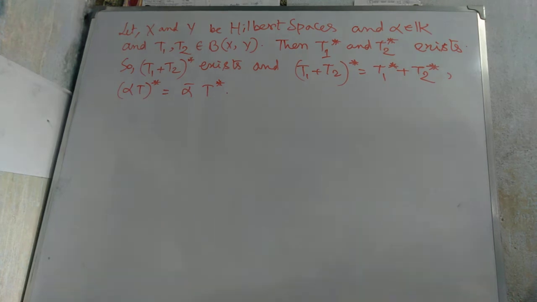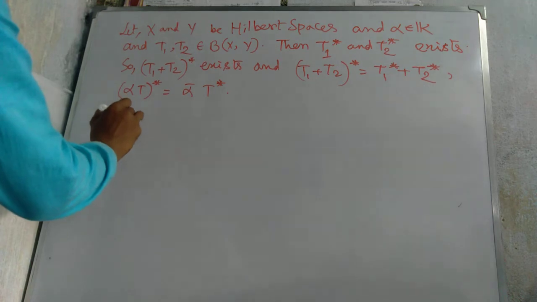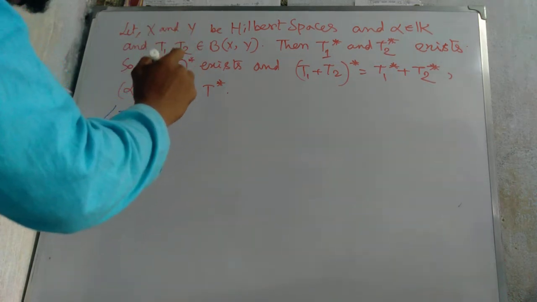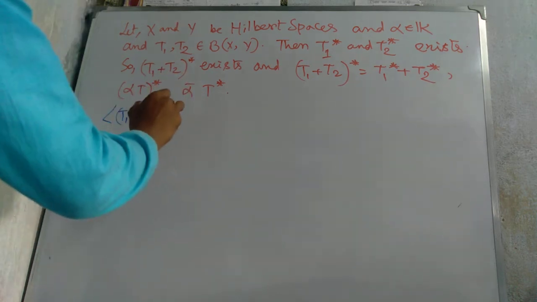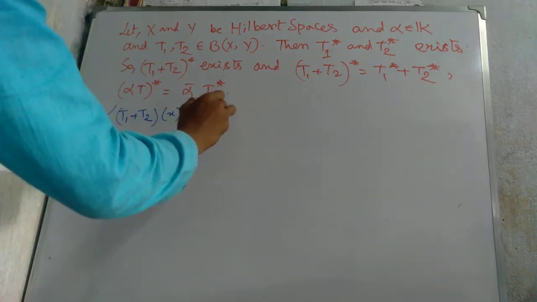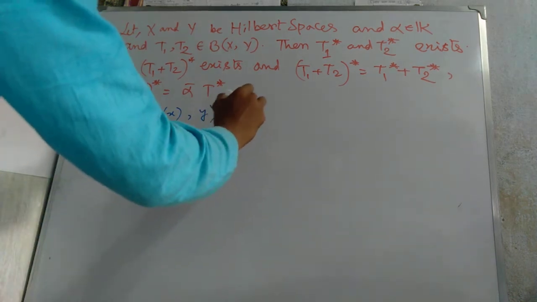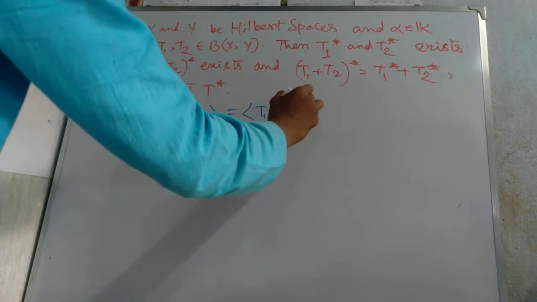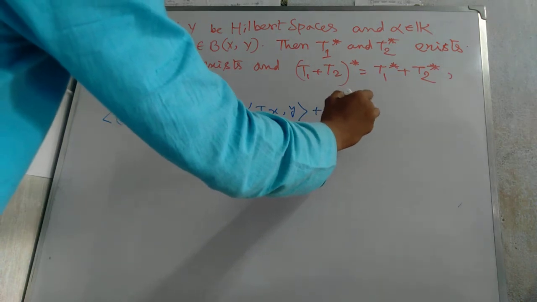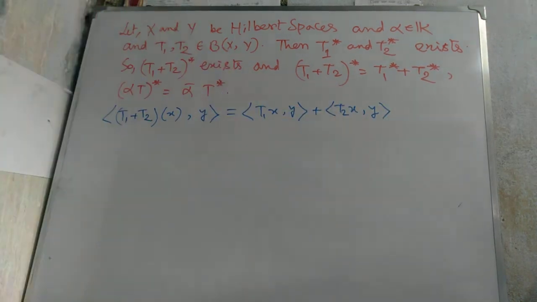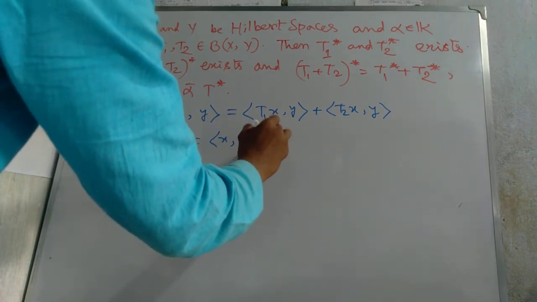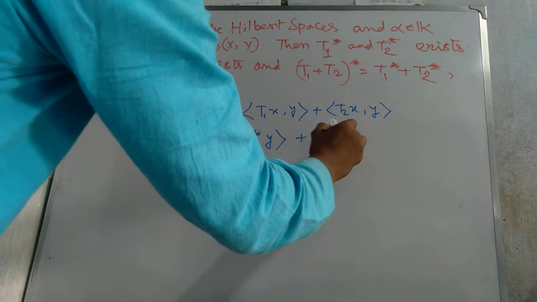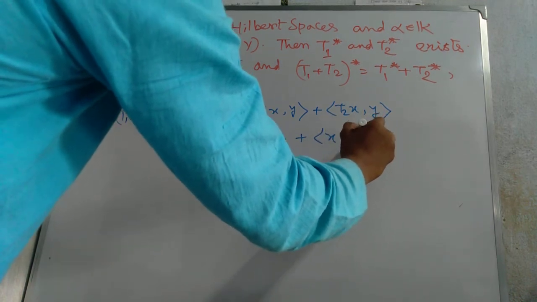Now we discuss that. Here, the inner product of (T1 plus T2) x with y equals the inner product of T1 x, y plus T2 x, y, which equals the inner product of x with T1 adjoint y plus x with T2 adjoint y.